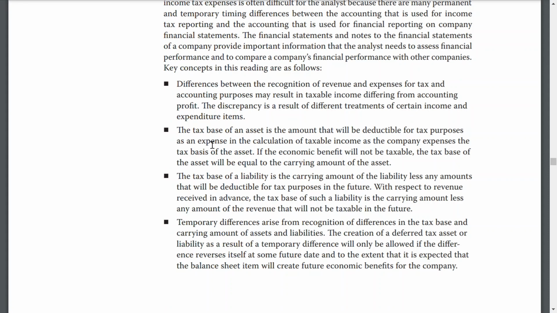Temporary differences arise from differences in the tax base and carrying amount of assets and liabilities, creating a deferred tax asset or liability as a result. Temporary differences will also reverse themselves.